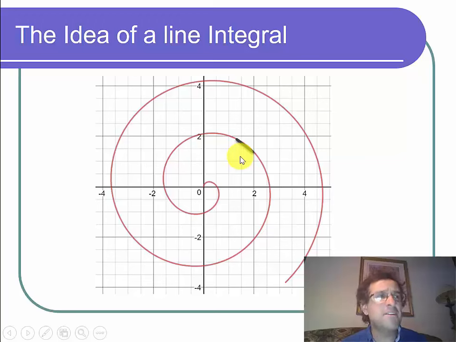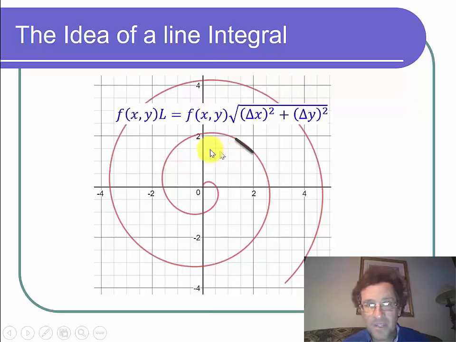So in everything we do in this class, our density function will be continuous, so we can actually say that the density is approximately a constant if you cut it up into little pieces. So in that case, the weight of this little piece will be the density of the wire times the length of that little piece. The density we'll call f of x, y.